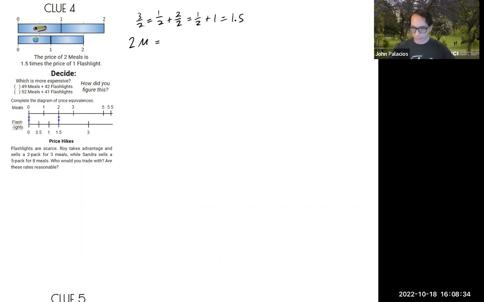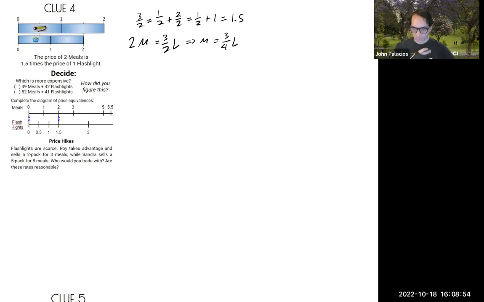Okay, so we have 2 meals is equal to 3 halves the price of a flashlight. This means that the price of a meal is really equal to 3/4 the price of a flashlight.